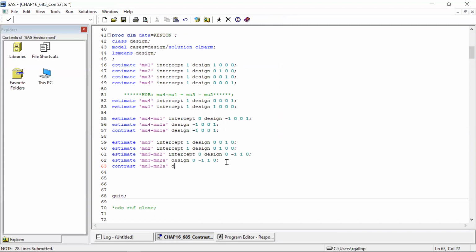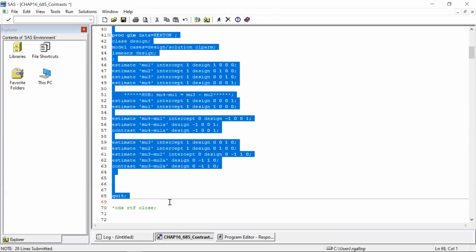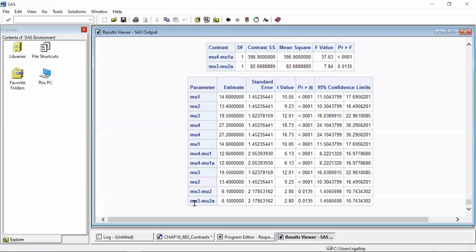With the contrast statement, did I spell that right? Typos can really mess you up here, so definitely pay attention to the log when you guys are doing this yourself. So again, remember line 63, all the coefficients sum to 0. So if I go here, if you notice, the p-value in the contrast output, the p-value and the estimate value are exactly the same.